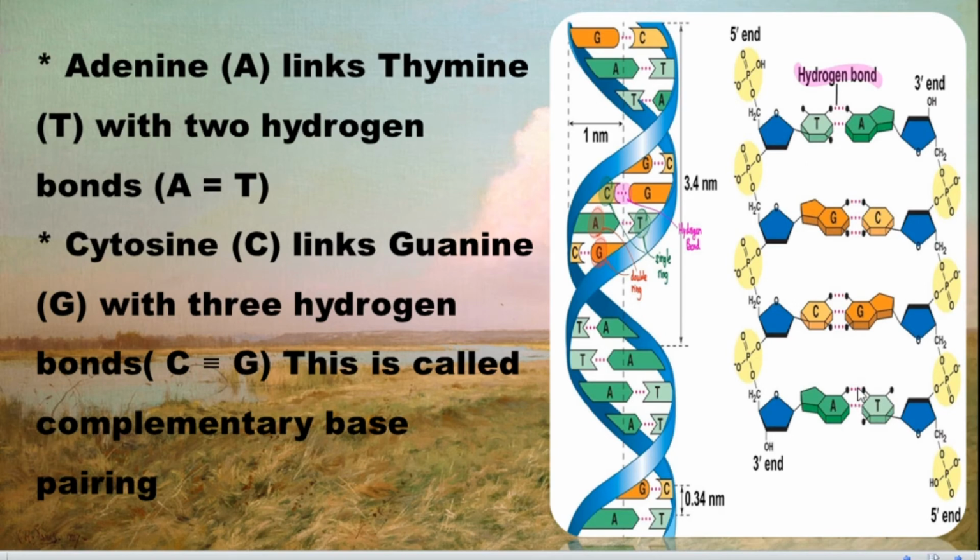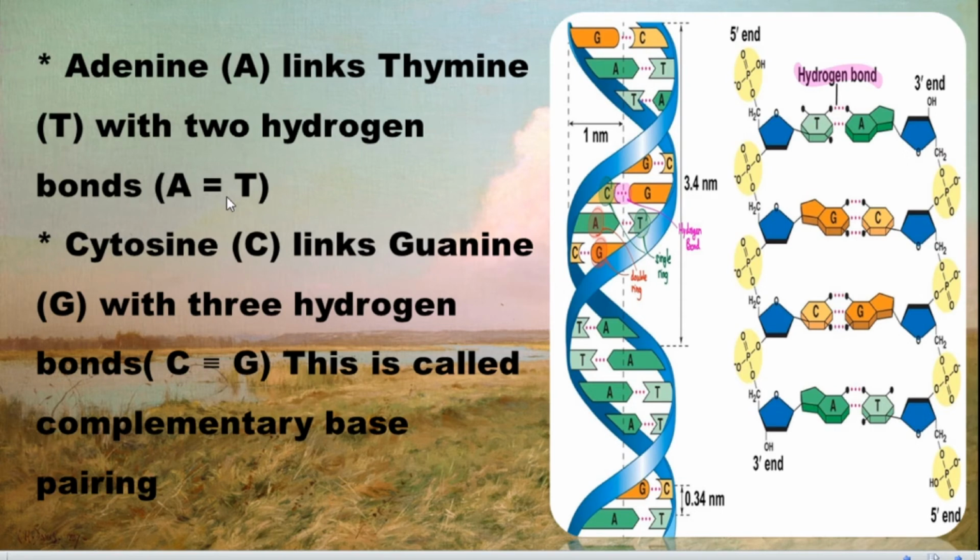So this is always the same. Wherever adenine and thymine pair, there are 2 hydrogen bonds. Wherever cytosine pairs with guanine, there are 3 hydrogen bonds. So this is the symbol of that: C, 3 hydrogen bonds, G. If you change this, it is totally wrong. So while you are writing, you have to be more careful.